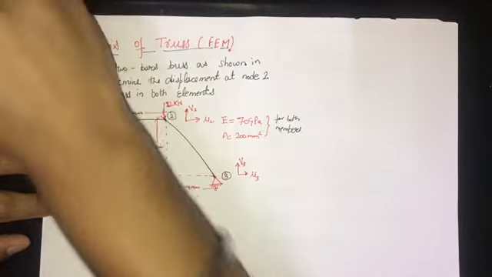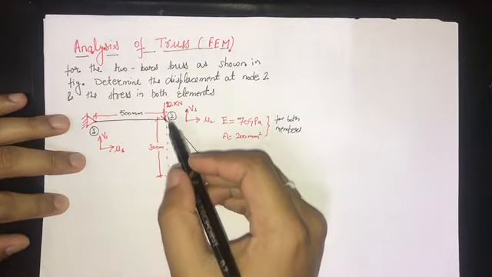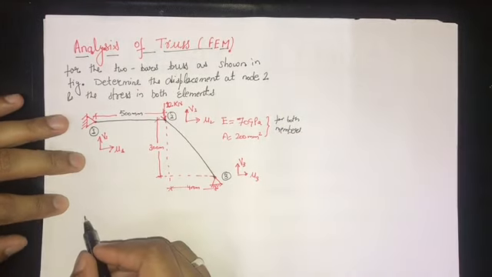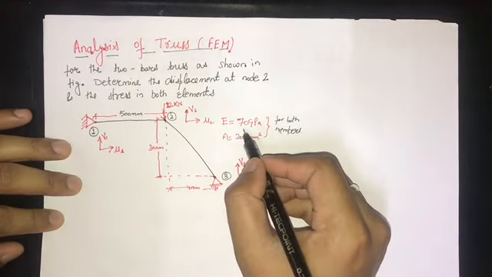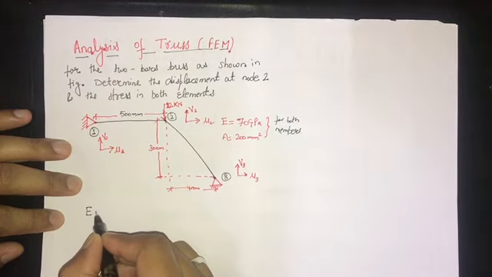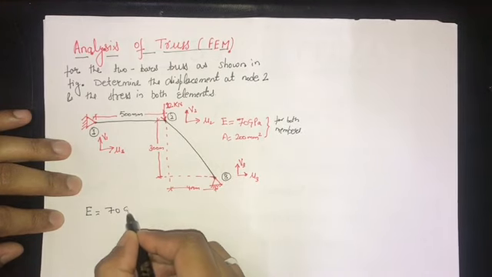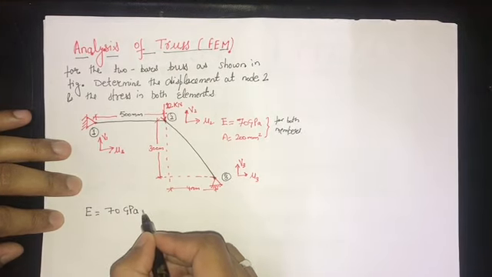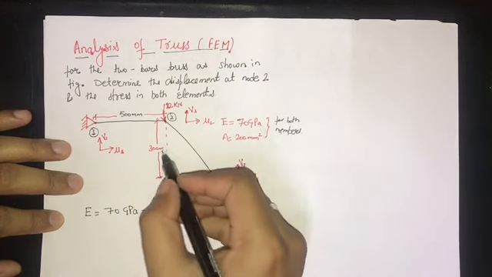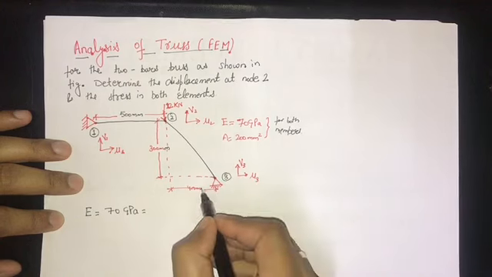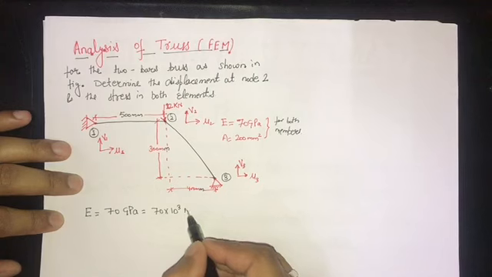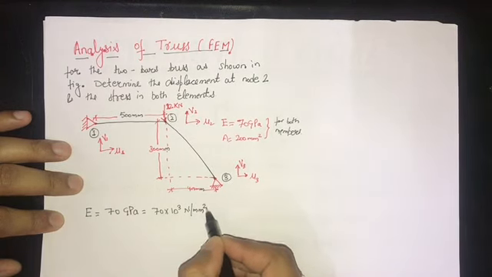Now we are calculating the displacement at node 2, so we have to calculate u2 and v2. The material property, Young's modulus, is given, that is 70 gigapascal. So E is equal to 70 gigapascal. Here all the units are in millimeter, so convert the Young's modulus also to millimeter: 70 into 10 power 3 Newton per millimeter square.